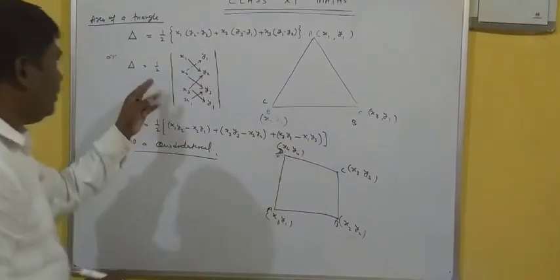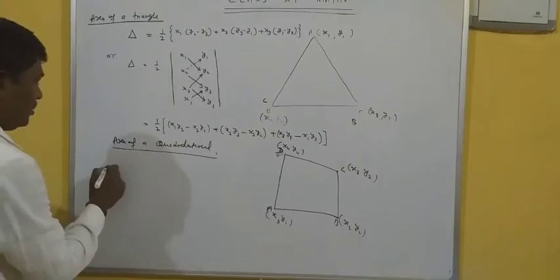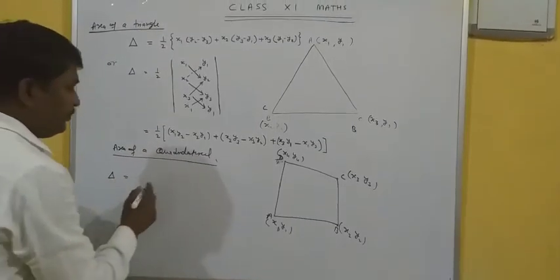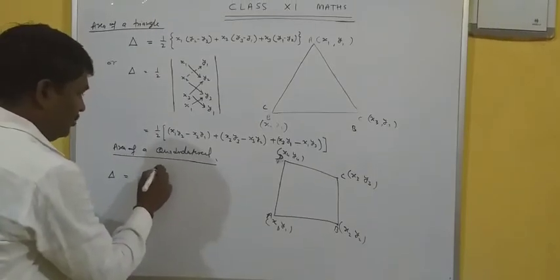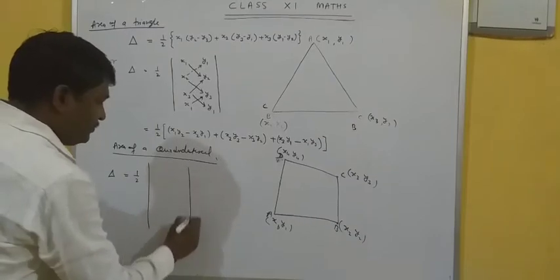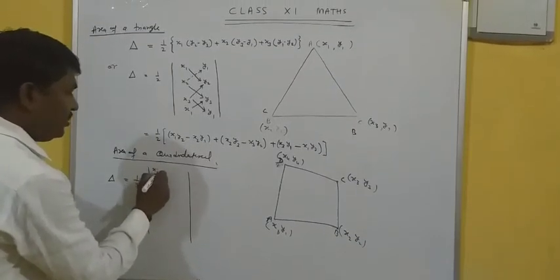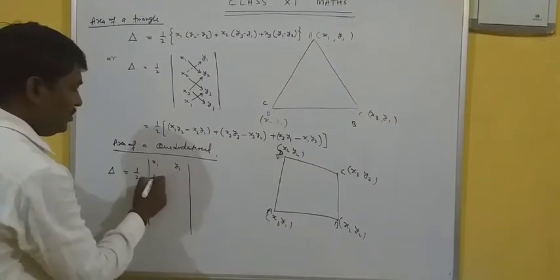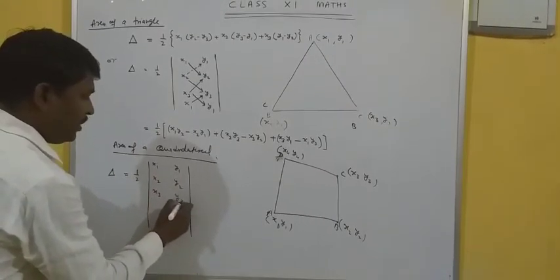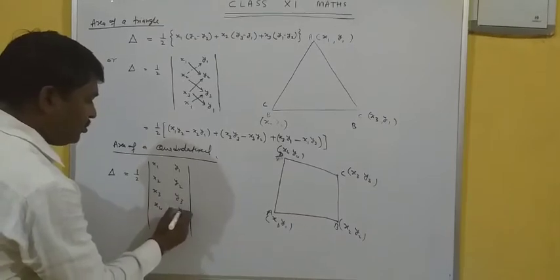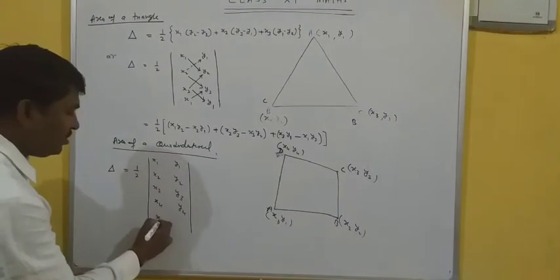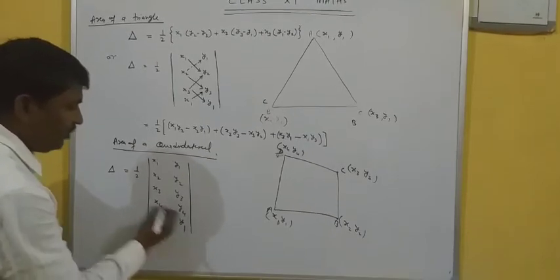Now the same way, how to write? Here the area of a quadrilateral this time is equal to again 1 by 2 this way, x1, y1, x2, y2, x3, y3, x4, y4, and again you have to repeat the first one, x1, y1.